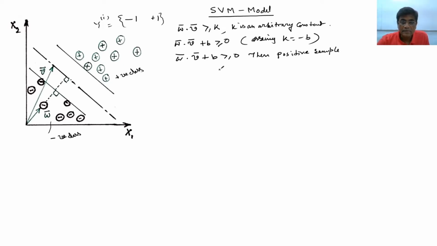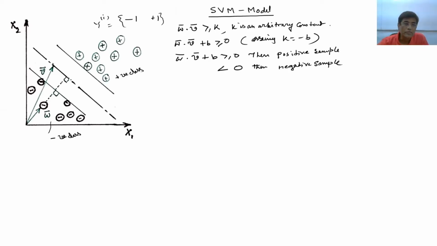And if it is less than or equal to 0, then it's a negative sample. Right now I can write, also it goes to confusion. Because greater than or equal to 0 will be classified as positive sample, it is technically good to write less than 0, then they belong to the negative class.